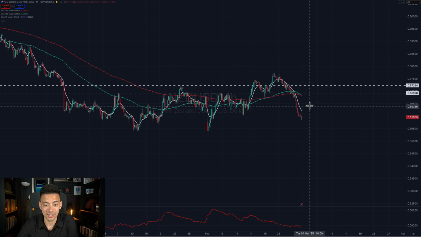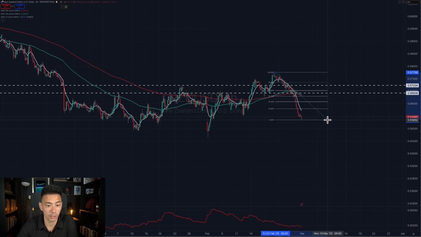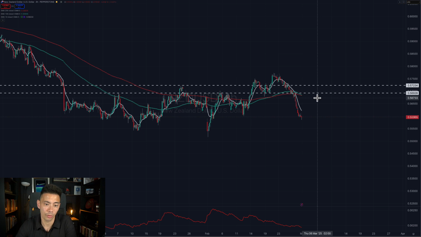We may not get as deep of a pullback as we want here, because if we put in the Fibonacci retracements from swing high through to swing low, you can see up there that's about a 61.8 level from a retracement perspective. So we may not get that high. We may get more of a 50% or 38.2 because this is such an aggressive move.